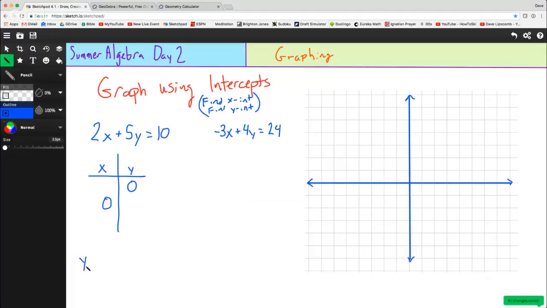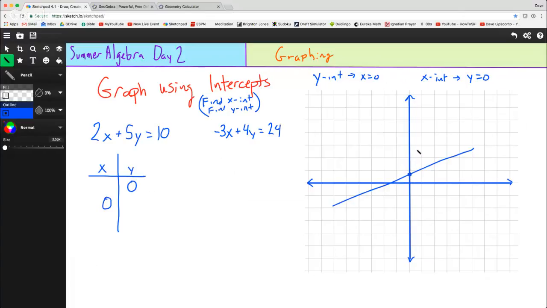So the y-intercept, let's write that over here, is where x equals 0, and our x-intercept is where y equals 0, right? Because our y-intercept is where a line crosses the y-axis.